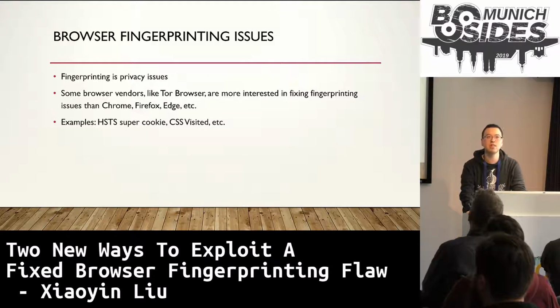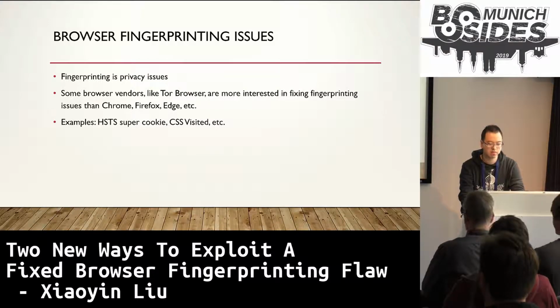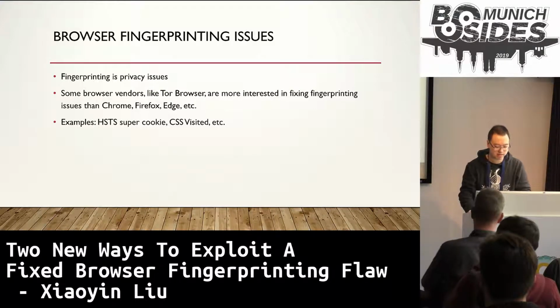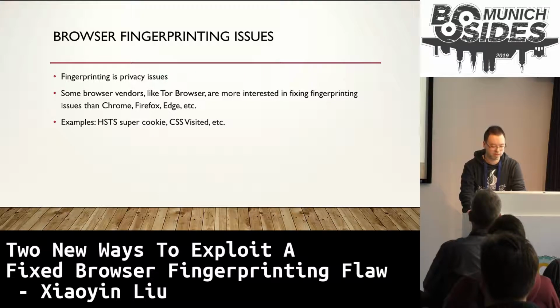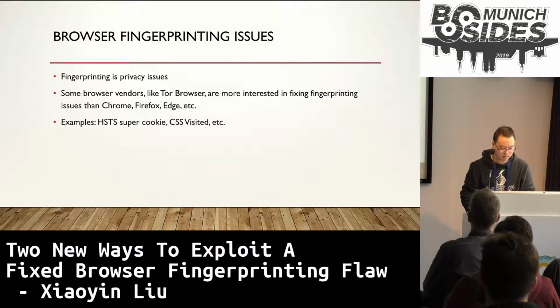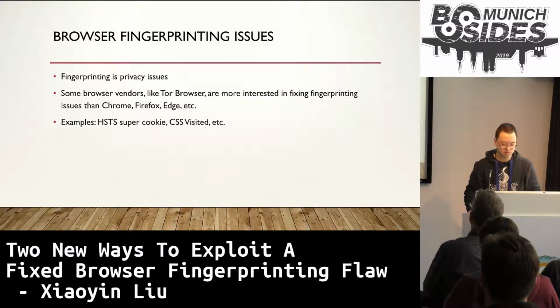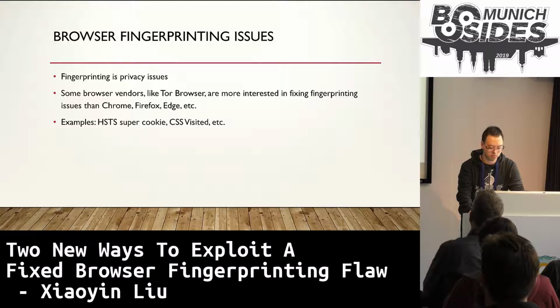But very unfortunately, many browser vendors don't think fingerprinting issues are security issues, so they are not likely to fix them quickly, unless you use Tor browser, which is designed to protect your privacy. So if you like privacy, I encourage you to use Tor browser a lot. Some examples of fingerprinting issues in the past include the HSTS super cookie issue and the CSS visited issue.